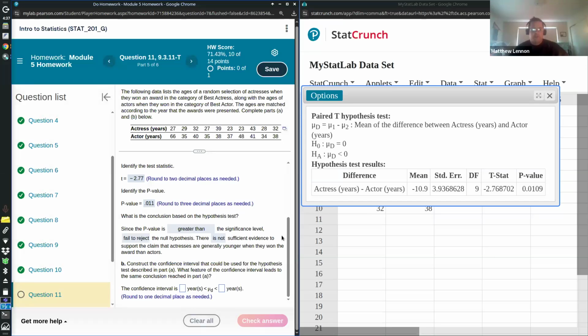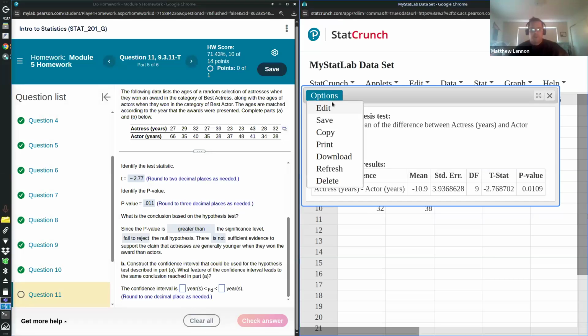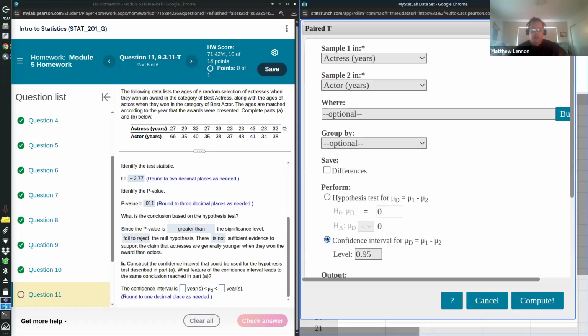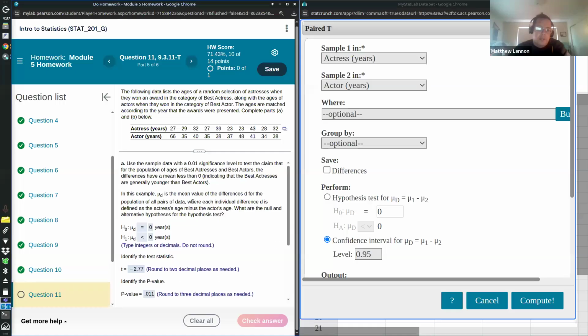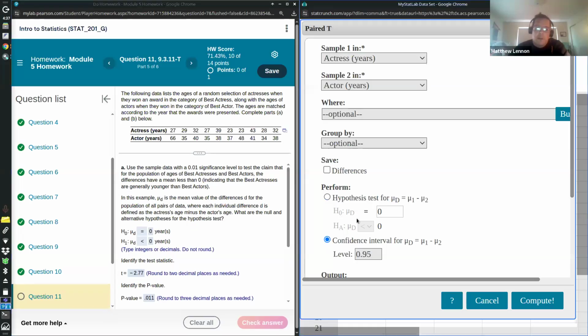Oh, we got to do confidence interval. So two more parts. So edit, and then just go down to the bottom. Okay. Now on paired, I can't remember if you double it still or not. I think you do, since it's one-sided, right? Because when we did our hypothesis test, it was less than 0.